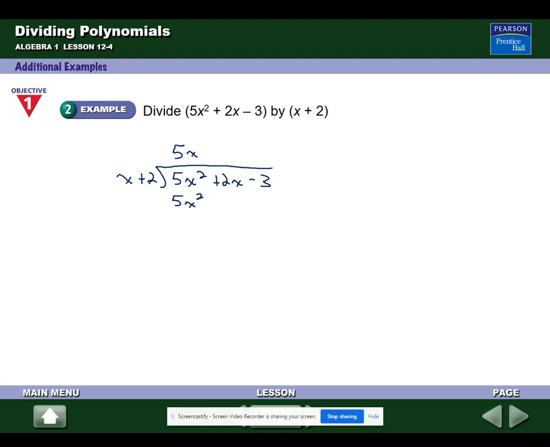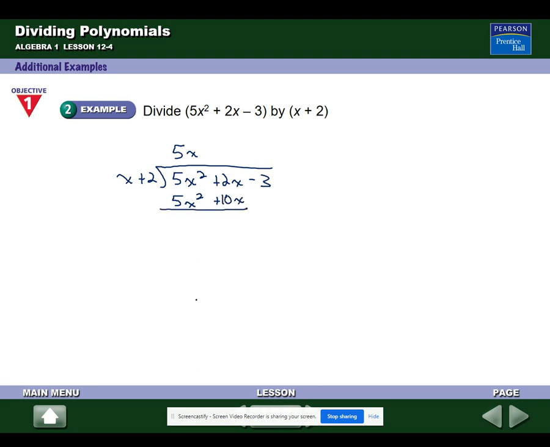So that's why we really don't worry about the plus 2. We're only worried about what number-variable-exponent combination, when multiplied by x, gives us the same thing here. Whatever the other multiplication is, you just have to go with what you have. 5x times 2 is 10x.